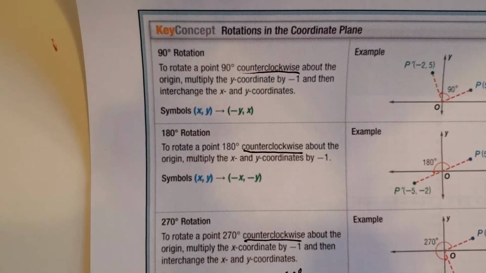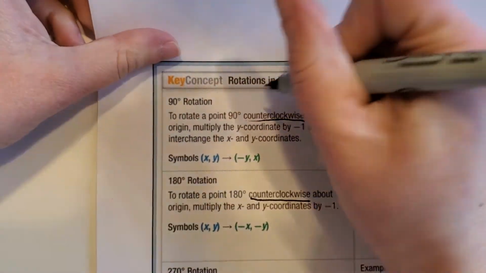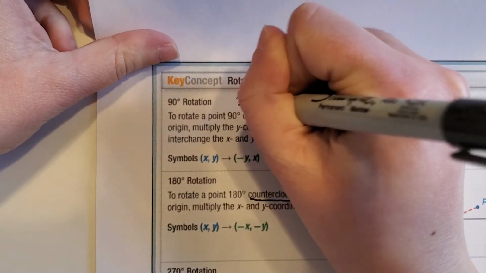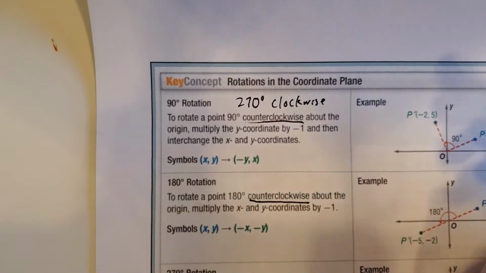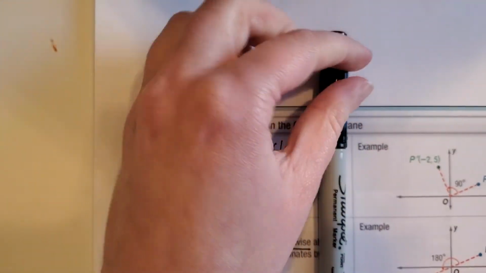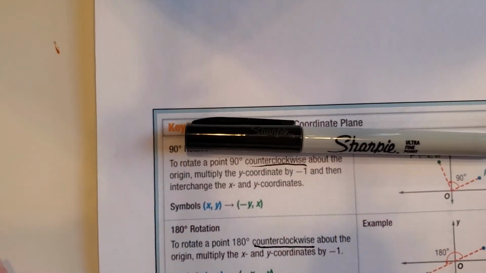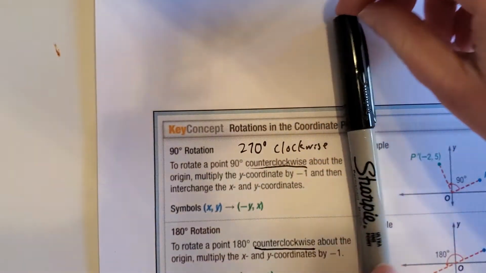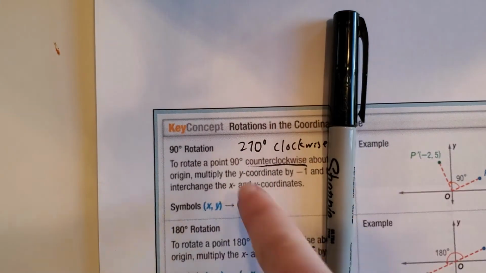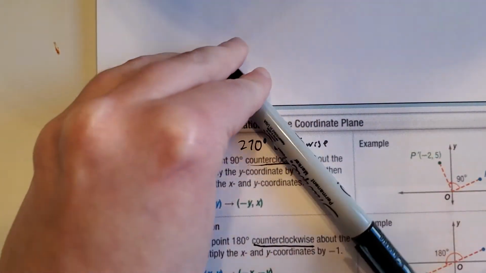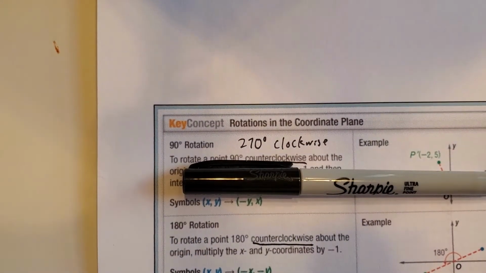So you just have to be careful of that. Same thing up here: 90 degrees counterclockwise, you might also see as 270 degrees clockwise, though I think this is a little bit rarer. It should put you in the exact same place. If I started up here and went 90 degrees counterclockwise, that would put me about there. If I went clockwise 90, 180, 270, my Sharpie is oriented exactly the same way.